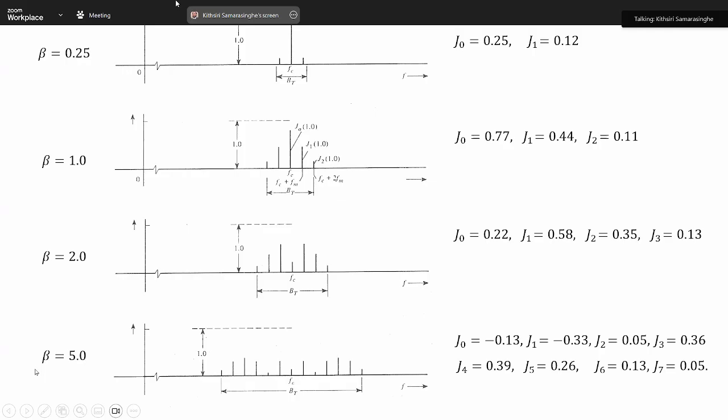Likewise, beta equals 5 is a popular figure because for practical transmissions we normally use beta equals 5 for broadcasting. And you can see up to J6 it is significant, J7 is insignificant. So your spectrum will have multiple pairs of side frequencies now.